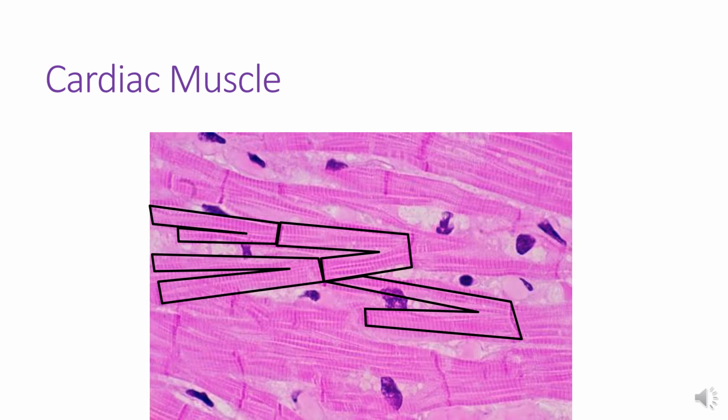I can tell where these cells end and where they begin because of a feature that's unique to cardiac muscle. These very, very dark bands that are darker than any striation for the muscle here is a special feature called an intercalated disc that plays a really important role in coordinating the contraction of cardiac muscles.